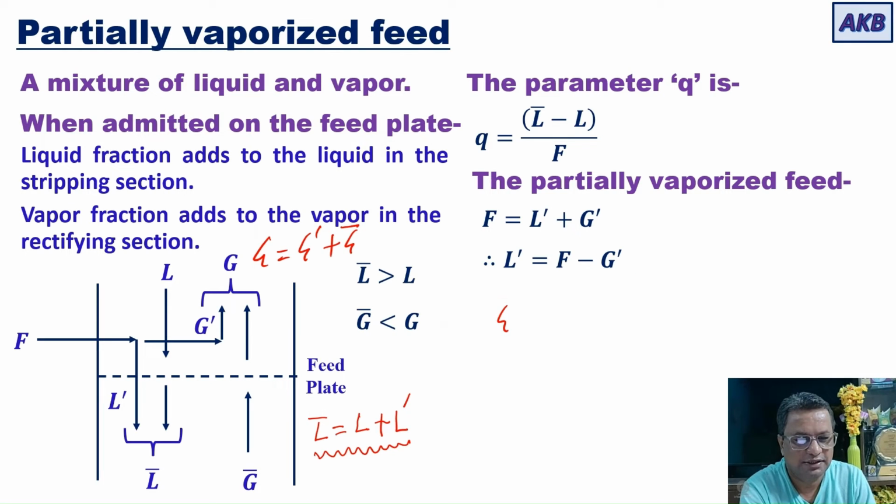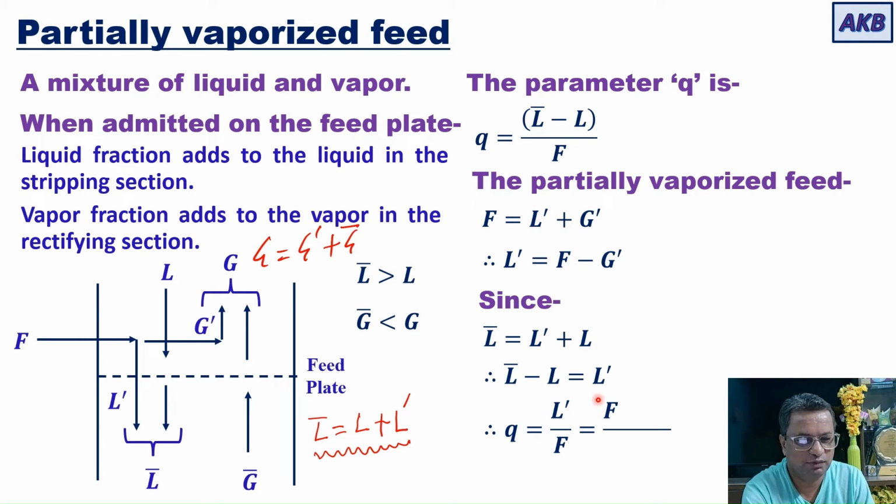And if you use this equation, you have L bar is L dash plus L. So now if I rearrange it, L bar minus L will give me L dash. And what is L dash? L dash is F minus G dash. That is, in the numerator, you have a quantity that is less than F.